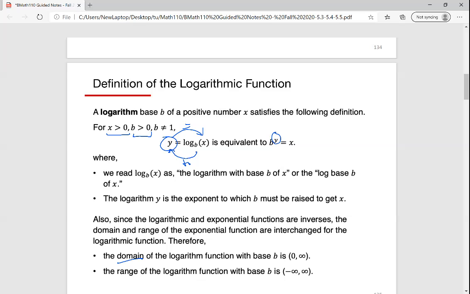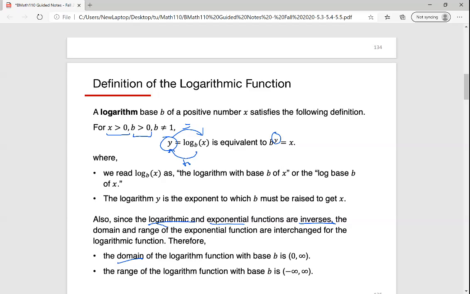So domain. As seen, the log and exponential function are inverse, right? The domain and range of the exponential function are interchanged for the logarithmic function. What does that mean? That means the domain of log is going to be the range of the exponential function, and the range of the log will be the domain of the exponential function.